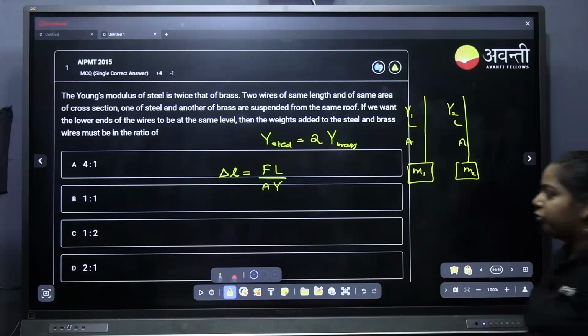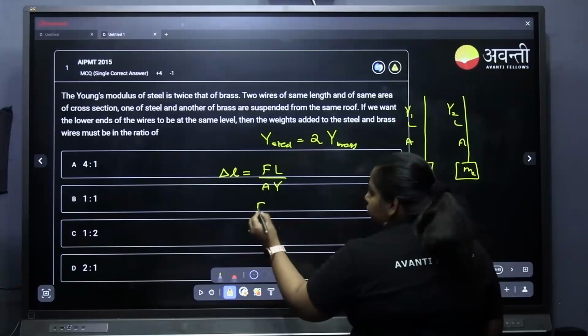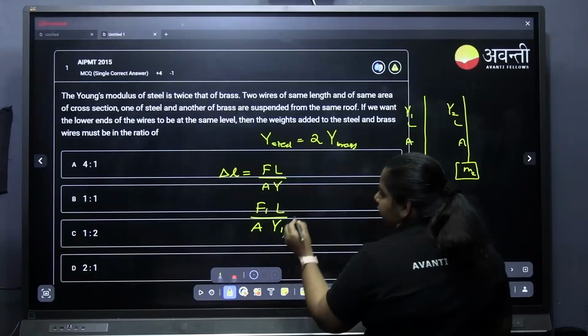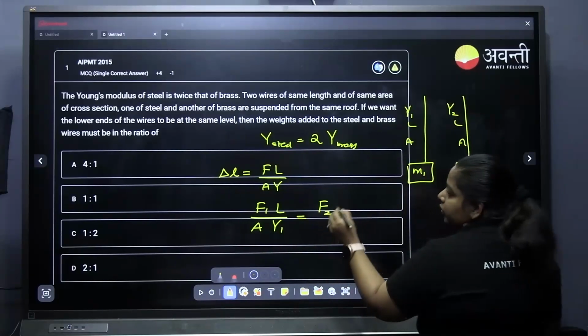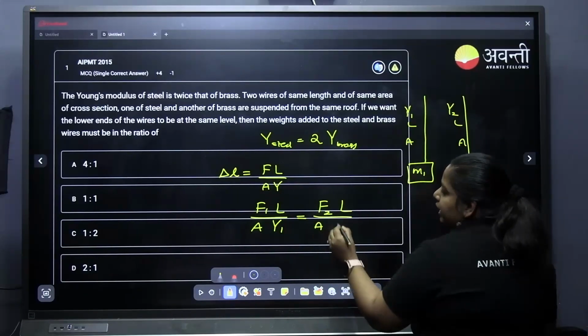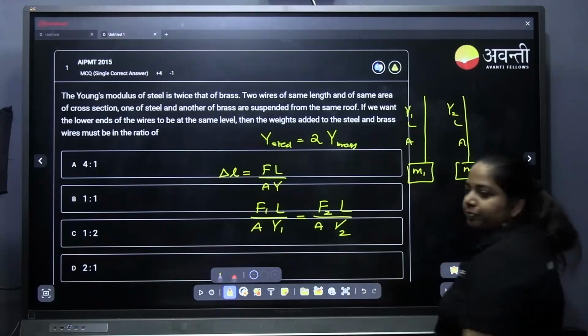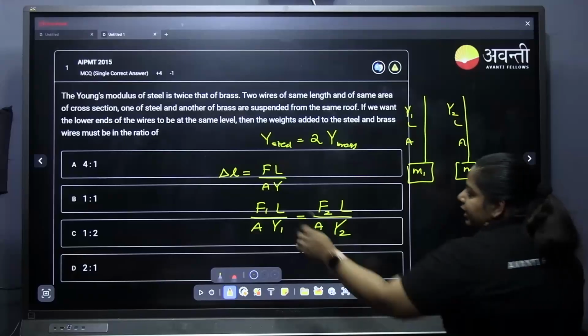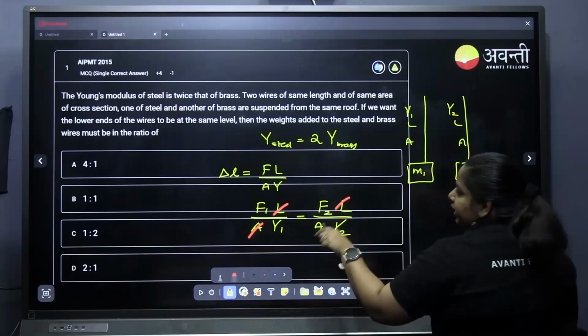This should be the same for both, so we can say force 1 L A by Y1 will be equal to force 2 L A by Y2. Okay. L A will get cancelled.